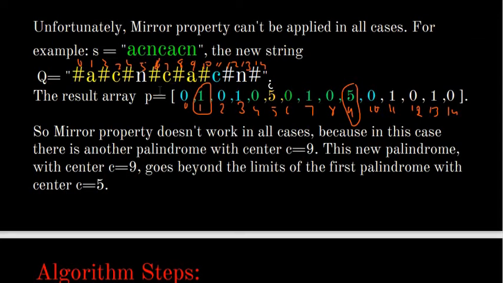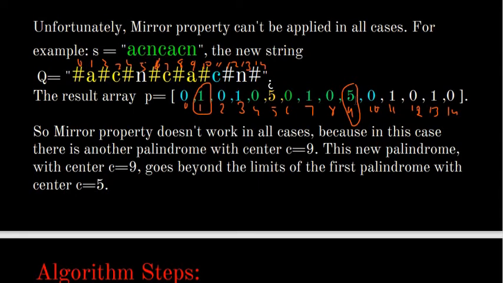For this string, we calculate the p array, which stores the half length of a palindrome if we consider each character as a center. Here we calculate all these values, but if we observe index i, the mirror image will be index 9.